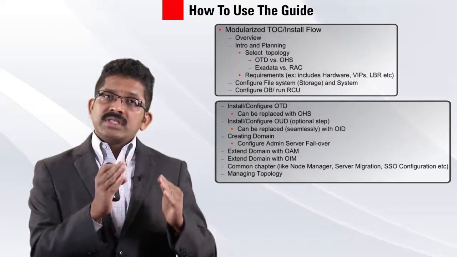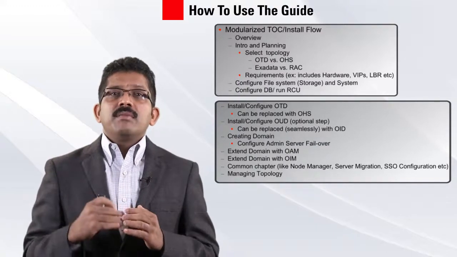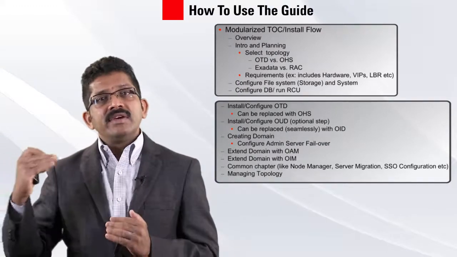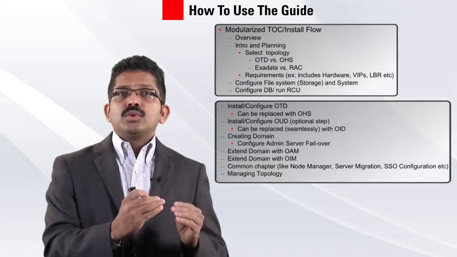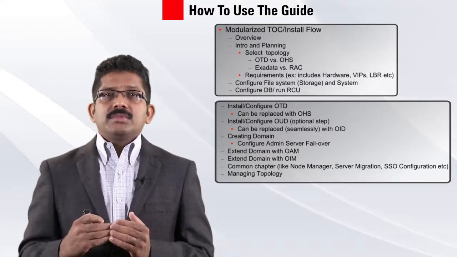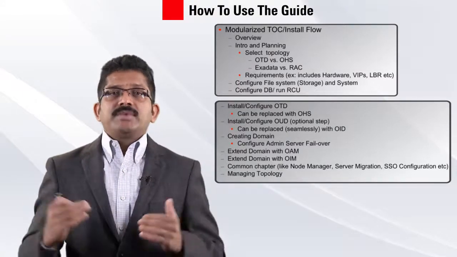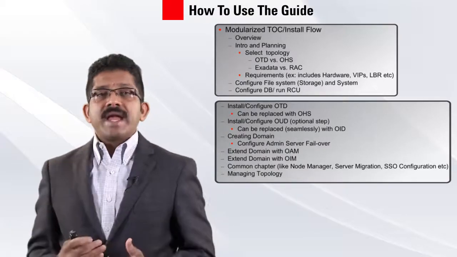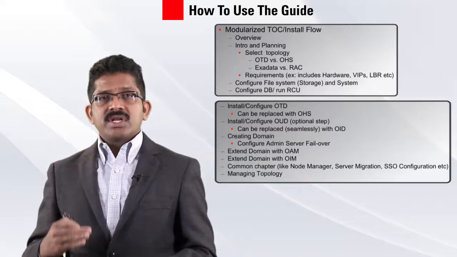For example, if you look at the deployment guide table of contents, you have flexibility to pick different components. For example, in the IDM deployment, you can go to OUD if you're just an LDAP customer. You can go to domain creation and stop at the LDAP chapter. So you don't need to continue the entire guide to implement your deployment if you don't have a single sign-on requirement.